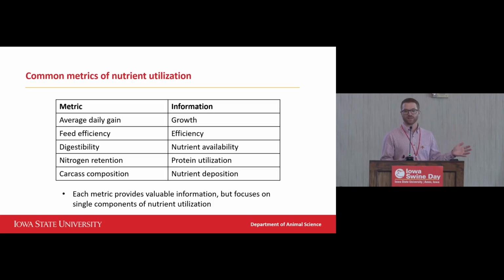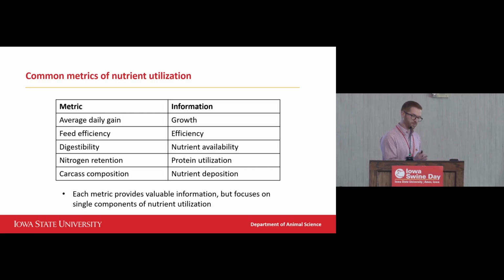Feed efficiency gives us some insight there on what amount of those nutrients ultimately ended up retained. So proportionally, how efficient are they? The missing piece with efficiency from a utilization standpoint is we may be able to have an estimate of how much is not retained, but we don't know of what was not retained, where did that end up, and why wasn't it retained. We can think about nutrient digestibility, and that ultimately has to do with nutrient availability in that utilization pathway.